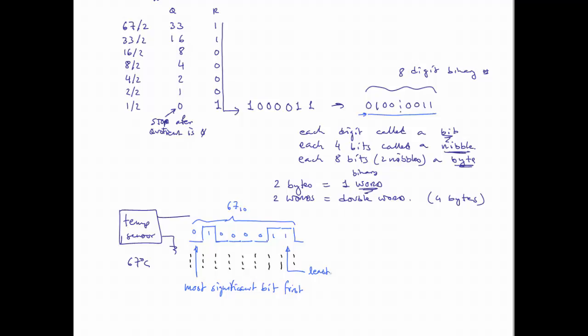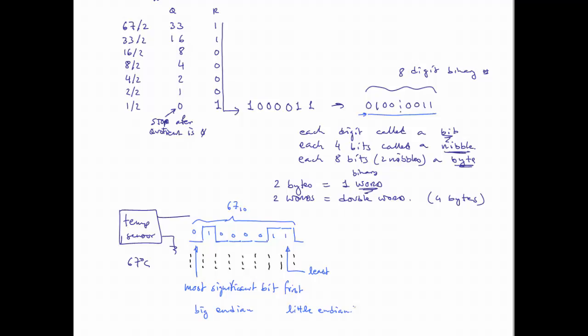sending the most significant bit first or the least significant bit first, and they actually use the terms big endian or little endian. And this actually factors in when you go to store a number in memory.